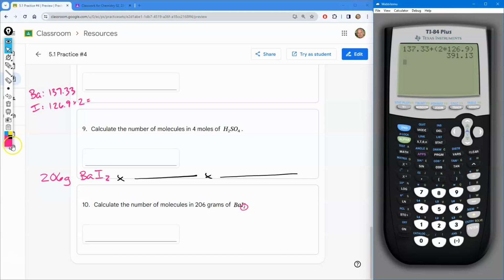Okay, so we get, it looks like 391.13. So 391.13 grams of barium iodide. That's how many grams are in 1 mole of barium iodide.